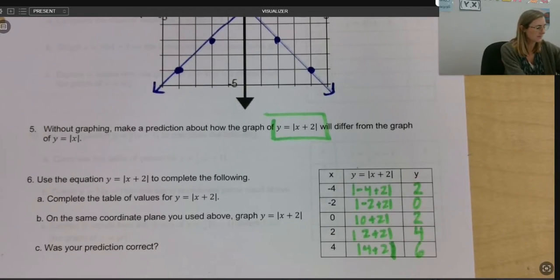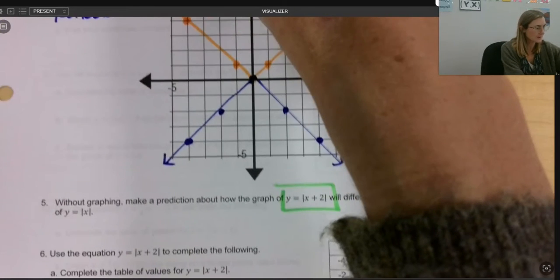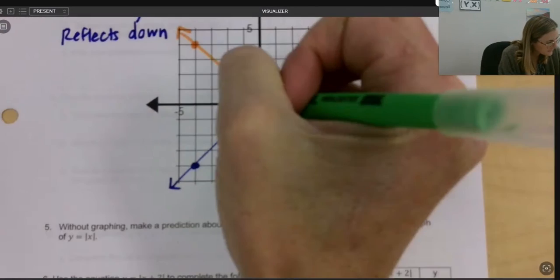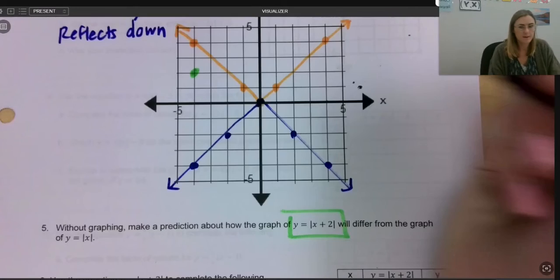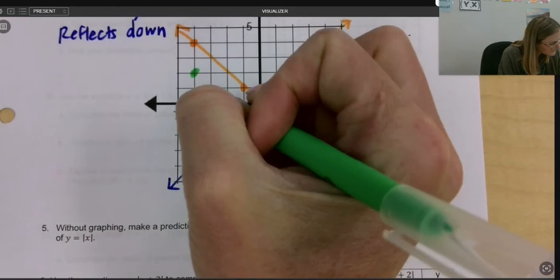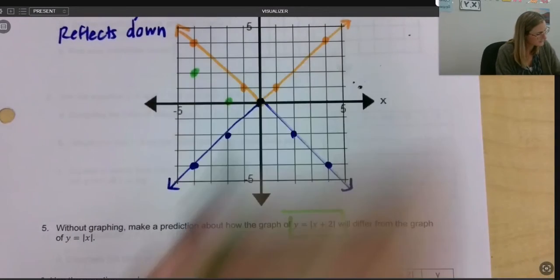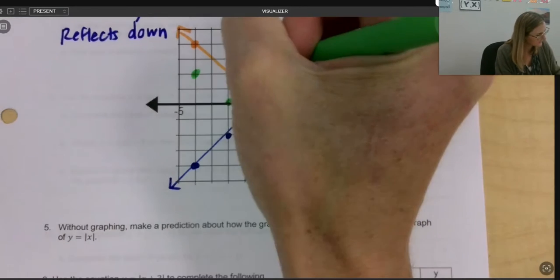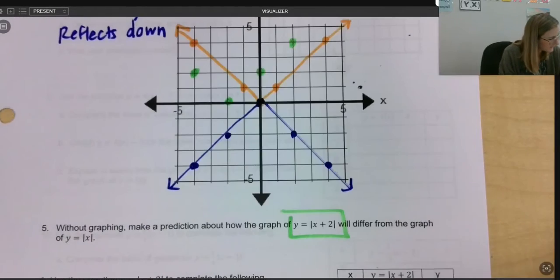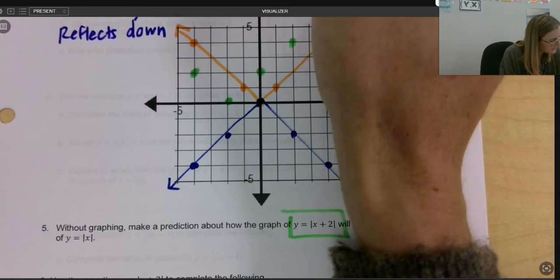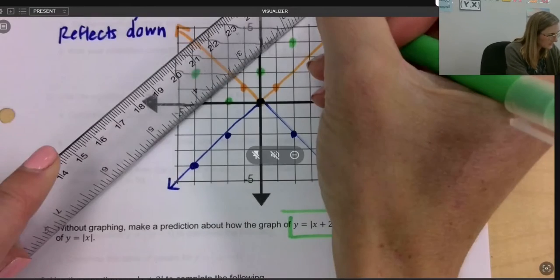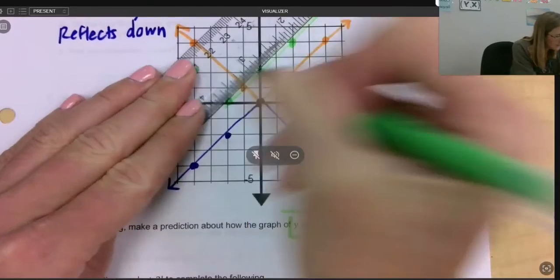So let's go ahead and graph this. My first point is -4 and then 2. So go over to -4 and up to 2. My next point is -2 and then 0. My next is 0, 2, and then 2, 4, and then 4 and 6. We can't really graph that, but we can see what's happened to our graph when we draw it.